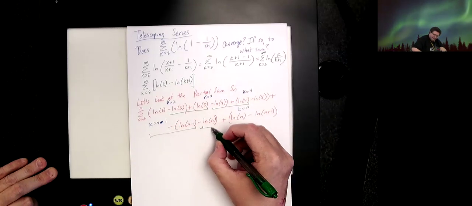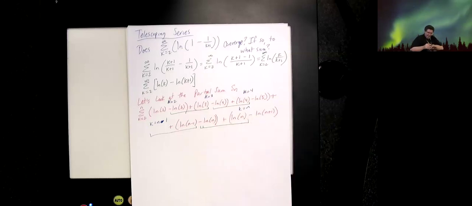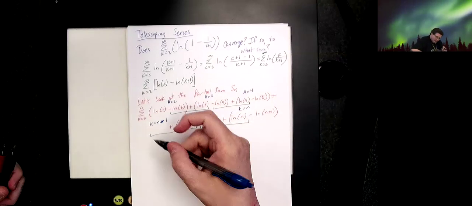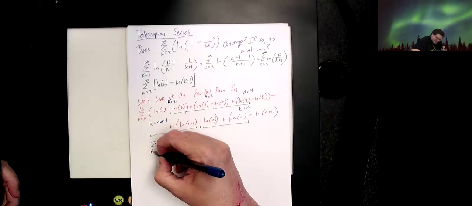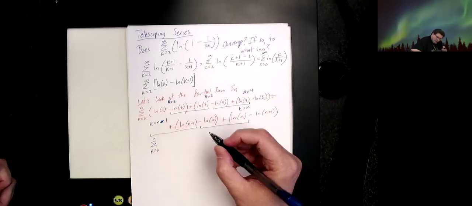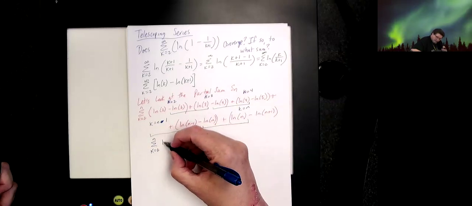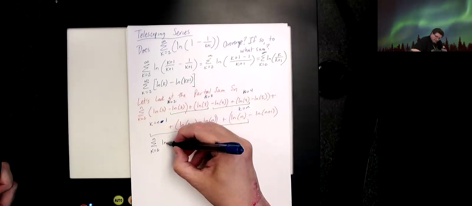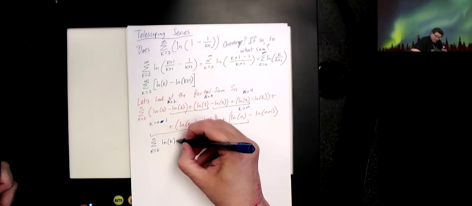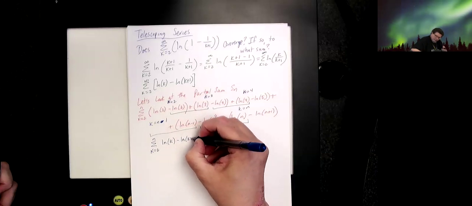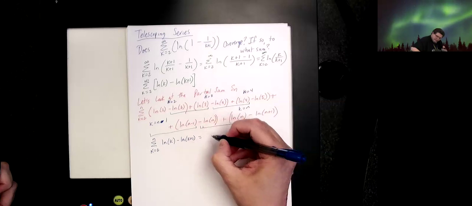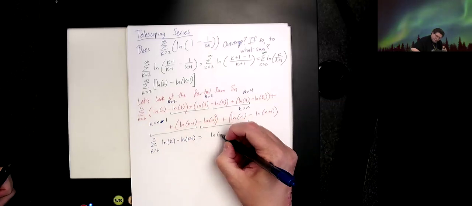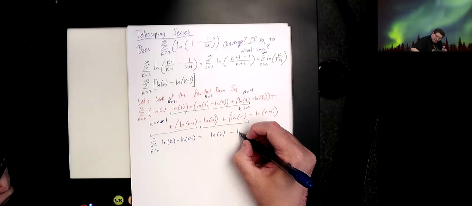The negative ln of n plus ln of n cancels there. And this condenses down into ln of 2 minus ln of n plus 1.